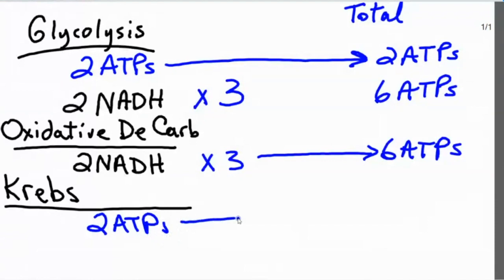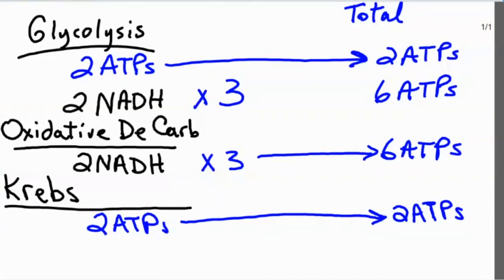And 2 ATPs stays 2 ATPs. It doesn't change. Oh, biochemists will tell me I just lied to you because sometimes that energy gets used somewhere. Krebs cycle is special because it not only produces NADH, it produces its little cousin, right? And let's just stick with our 2s right now to make this easy.